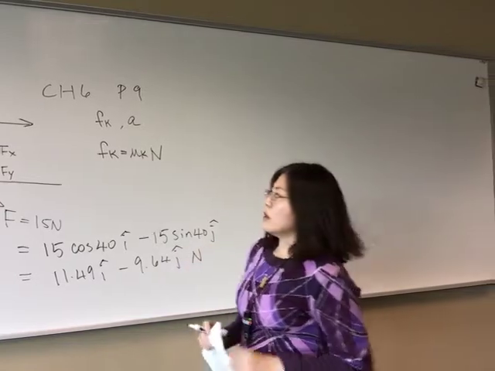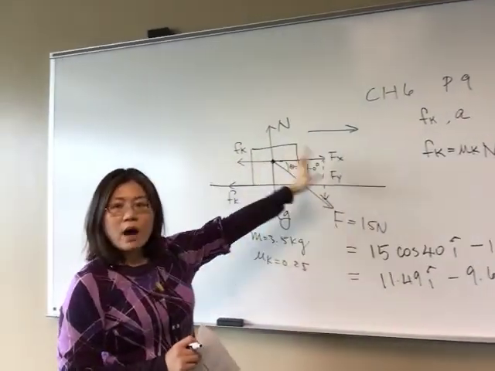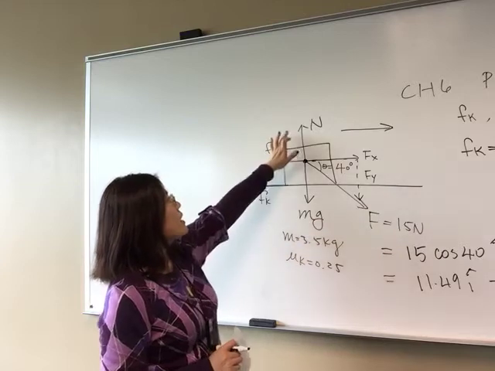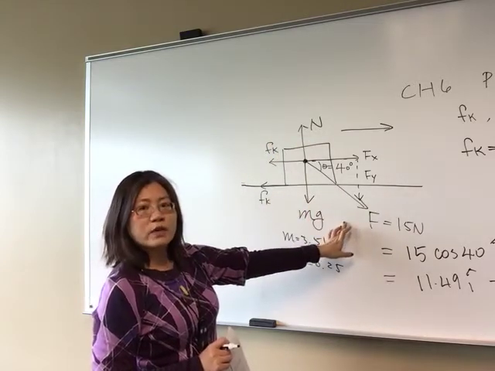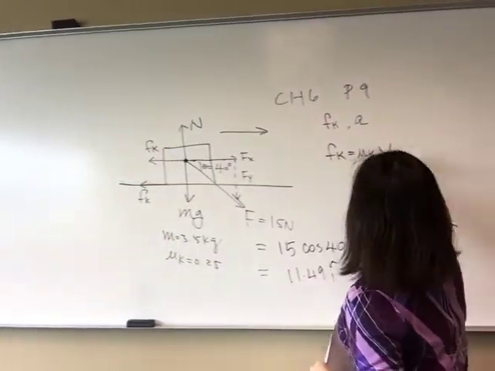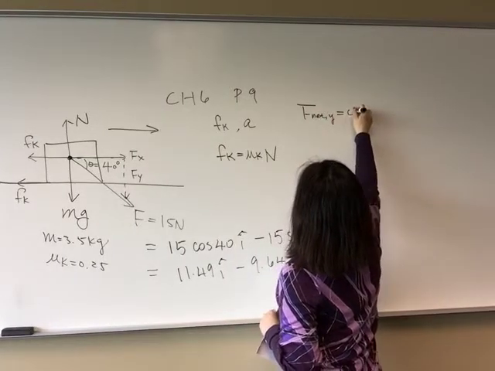Okay, so if we look at this diagram, we can see that the whole block is moving rightward. It's not moving in the vertical direction, which means that the normal force, the gravitational force, and the y component of this force should balance each other. So that's the equation: the net force in the y direction has to be equal to 0.